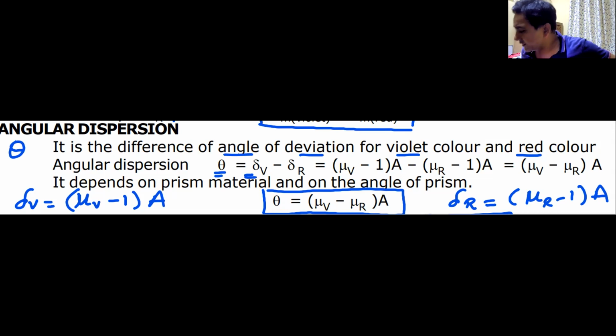I'll give you a minute to note it down. The angular dispersion theta is delta V minus delta R. If you put the value of delta V and delta R, you will get mu V minus mu R times A, and your time starts now.